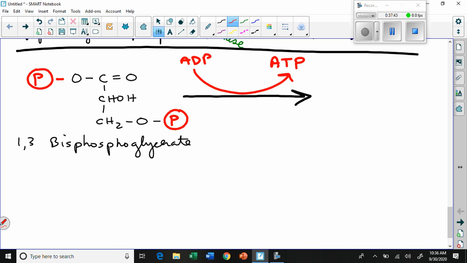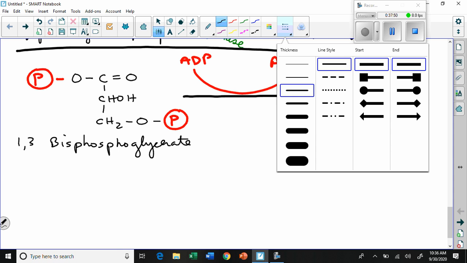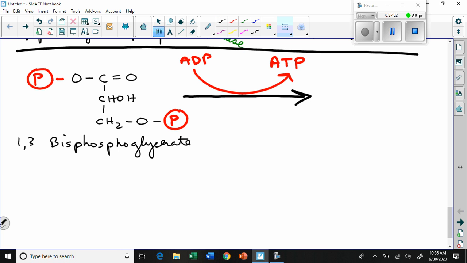And that means if the phosphate is taken off, it's no longer bisphosphoglycerate, it's just phosphoglycerate. And so we go back and draw the phosphoglycerate like this. It's got an O here, it's got a C, a double bond O, it's got a CHOH, and then it's got a CH2O, and only 1 phosphate attached.